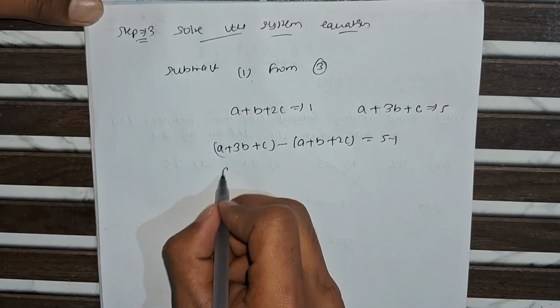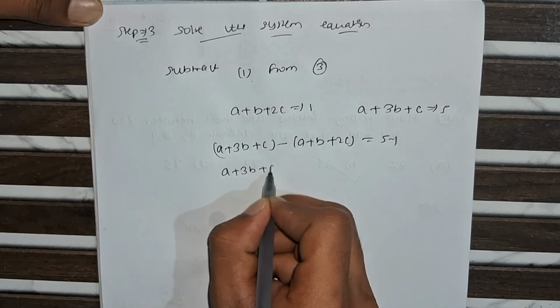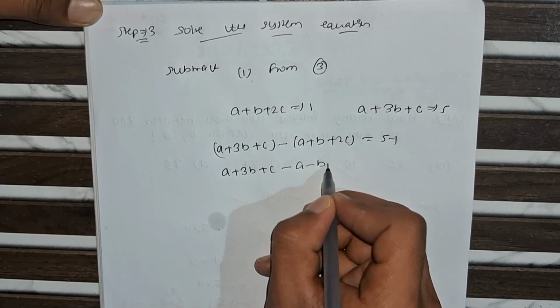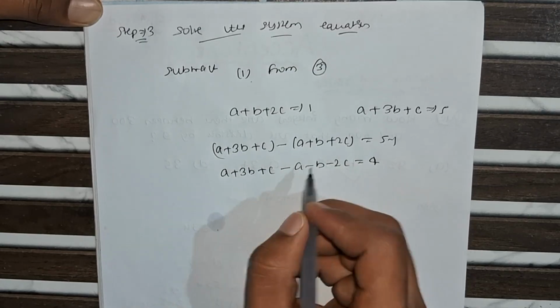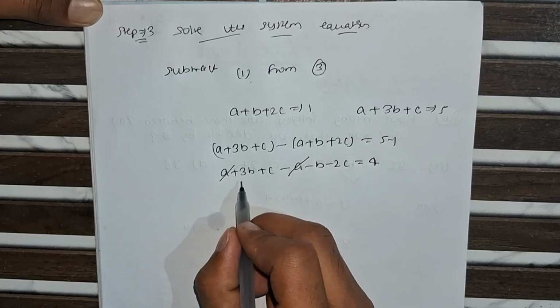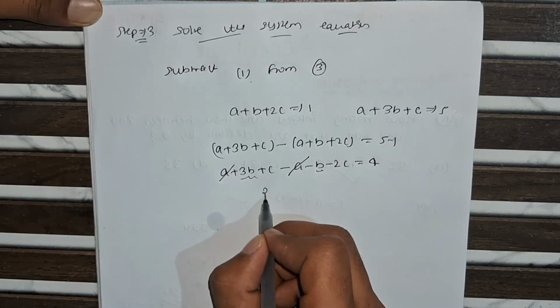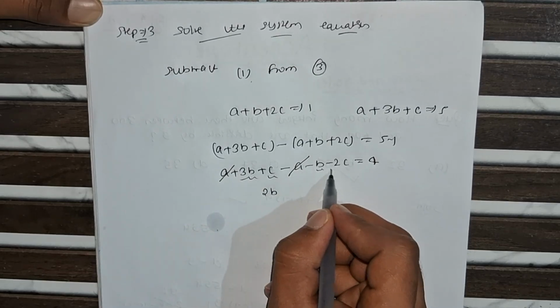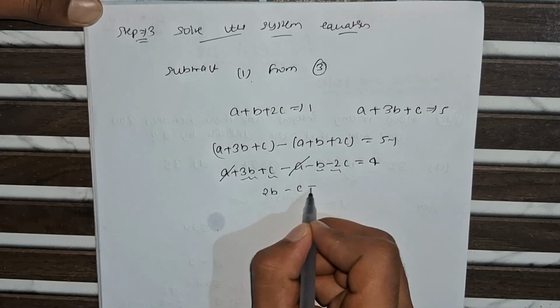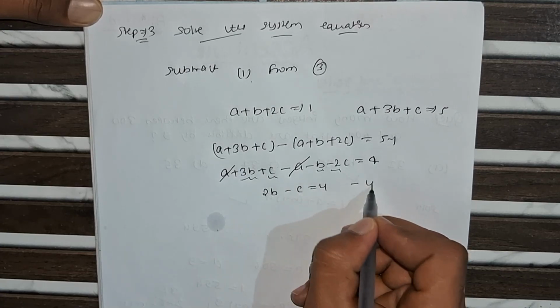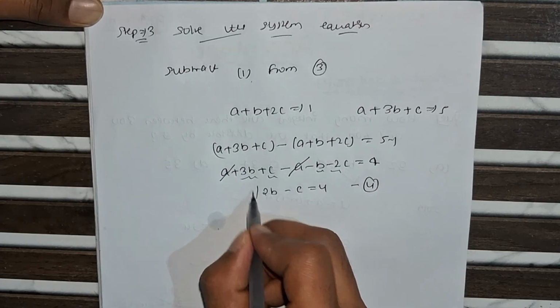This is a plus 3b plus c minus a minus b minus 2c equals 4. The a cancels out, 3b minus b is 2b, and c minus 2c is minus c, so 2b minus c equals 4. This is our fourth equation.